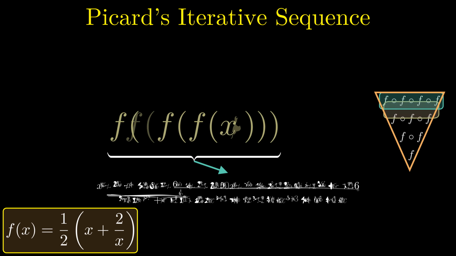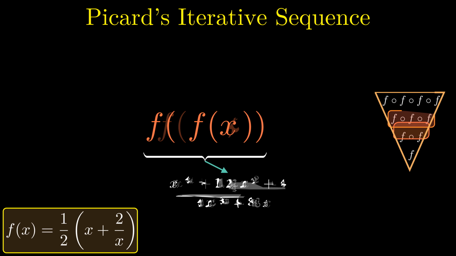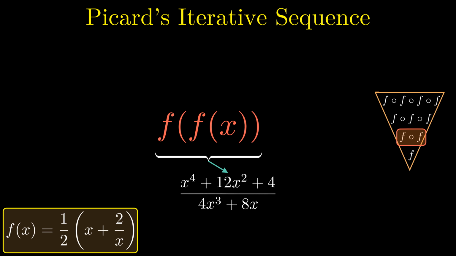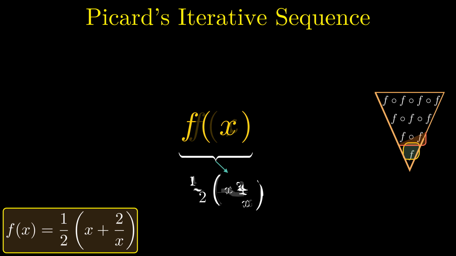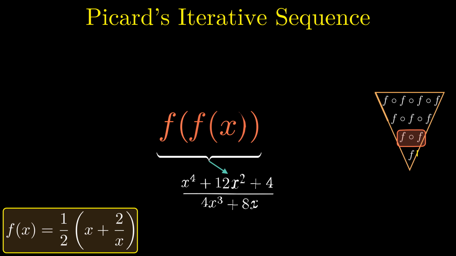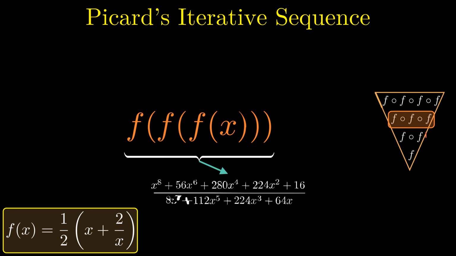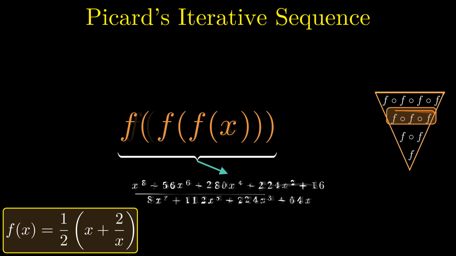Interestingly, the numerator of this function is always of an even degree, while the denominator is of an odd degree. As the iterations progress, the sequence of values generated by these functions converges to the actual value of the square root of 2. What's truly remarkable is how the composition operation itself acts as a forcing mechanism.